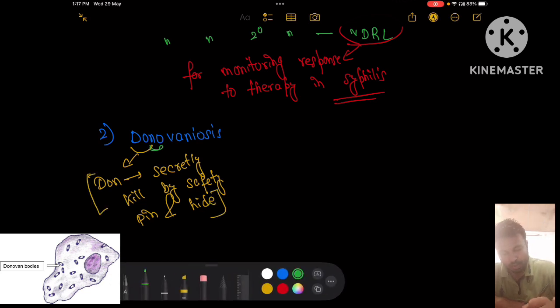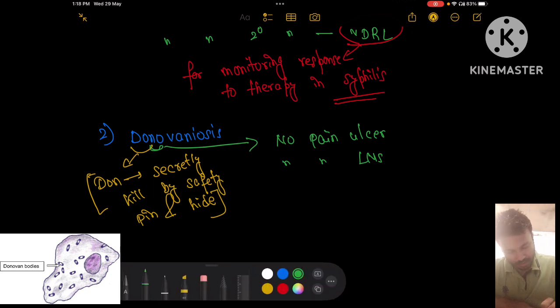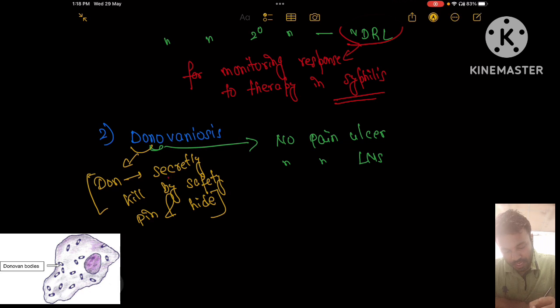And this is 'no': in donovaniosis, no pain ulcer and no pain lymph nodes. Don secretly kills by septicin and hide. So kill, this is blood and red.